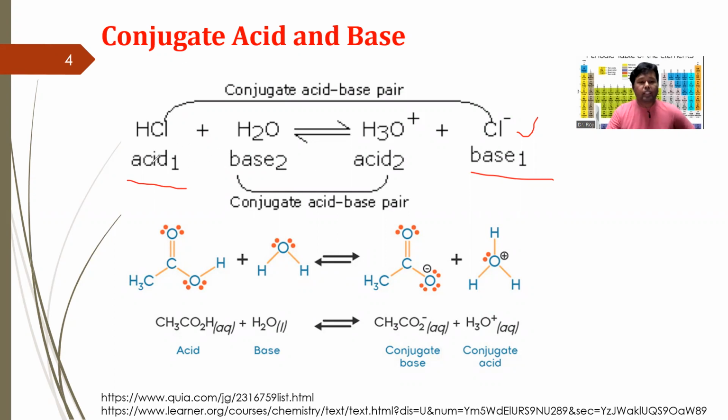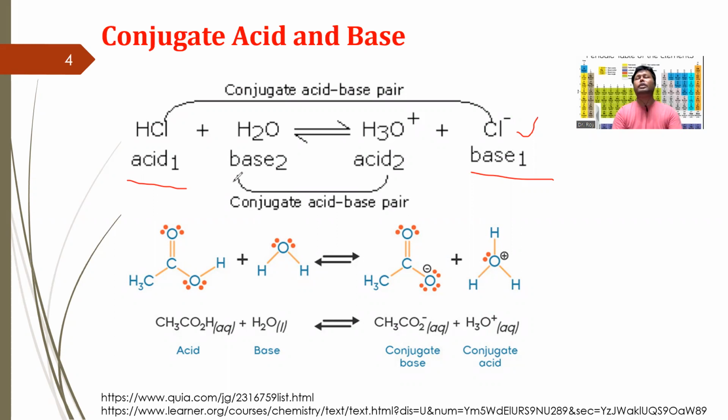So when an acid donates one proton, it forms a base. Again, when this base accepts one proton, it forms an acid. Therefore, we have two acid base pairs. This is another acid base pair. So in any neutralization reaction, we have two acid base pairs.